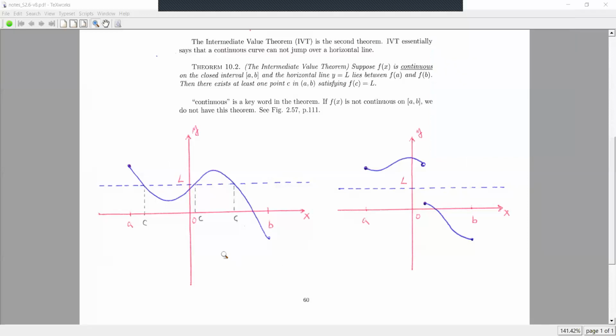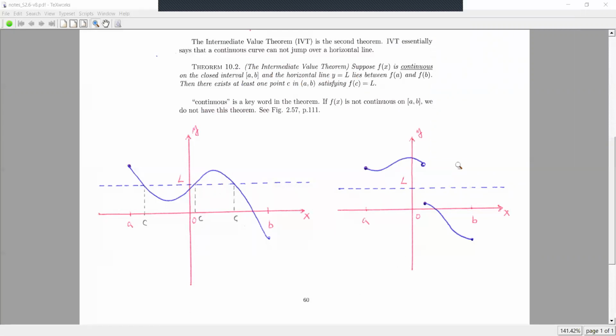In this diagram, there are three such points: this point, this point, and this point, where the function values are equal to L. In IVT, in this theorem, continuous is a keyword. If the function is not continuous on the interval AB, we don't have this theorem.